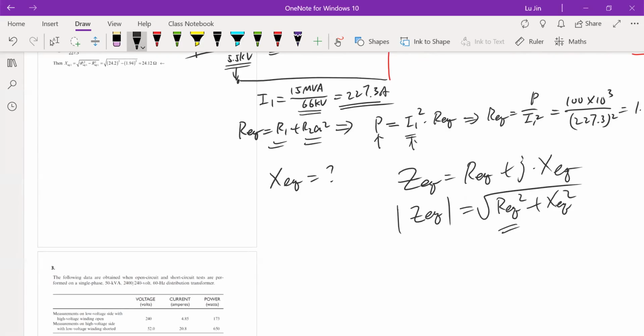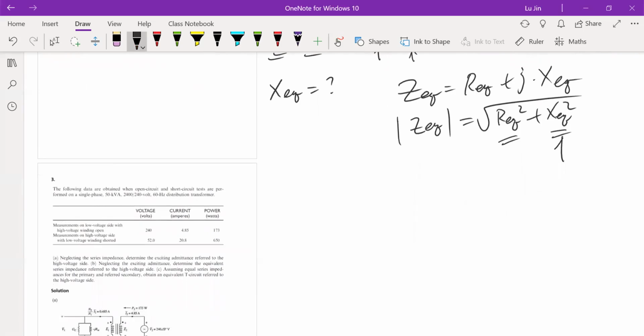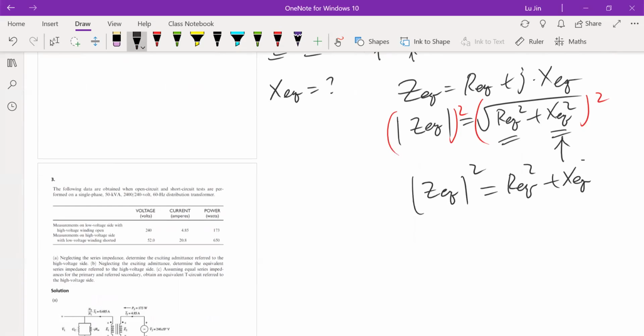So that means real part squared plus the imaginary part squared, then square root the sum. Get that? Now, our question is to determine what is the XEQ. What you can do is we square both sides, which gives ZEQ magnitude squared equals REQ squared plus XEQ squared.